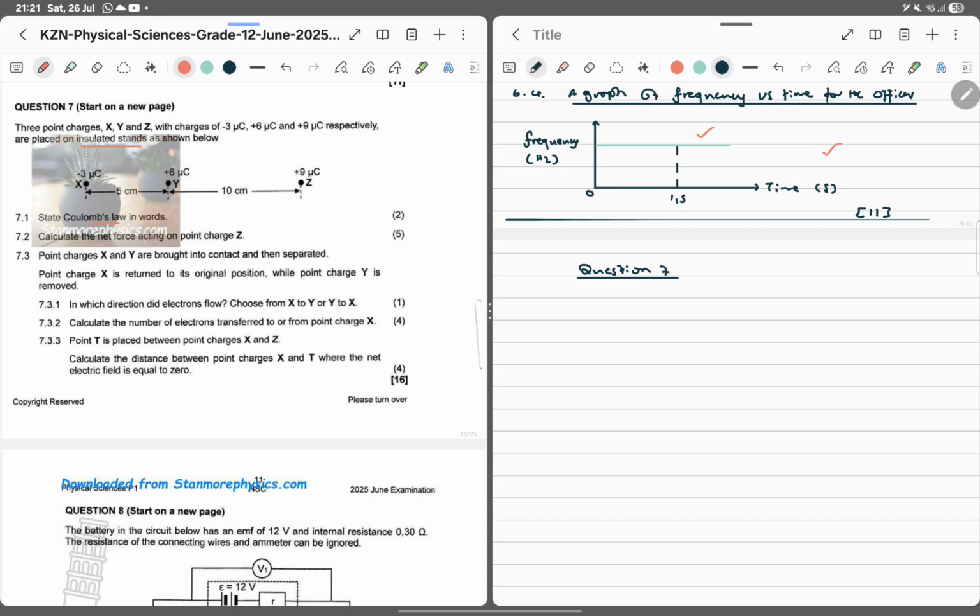Anyway, state Coulomb's law in words, and you guys know this, right? Now I'm bored.